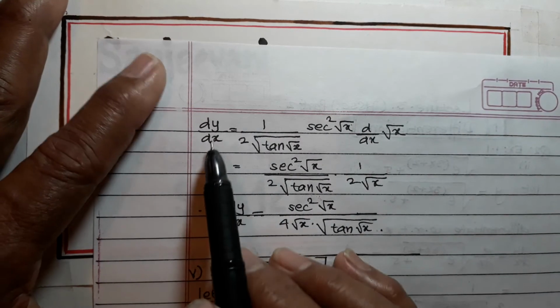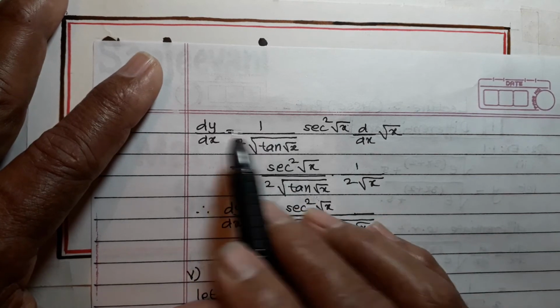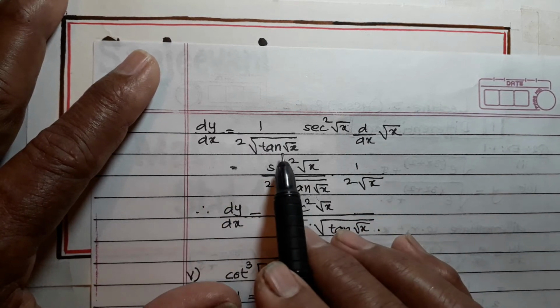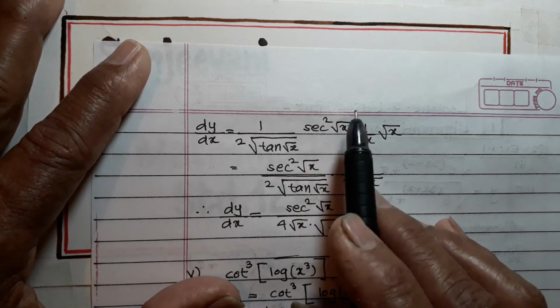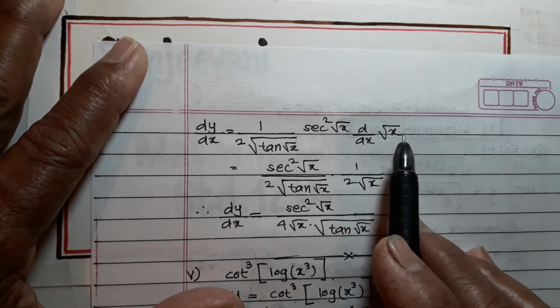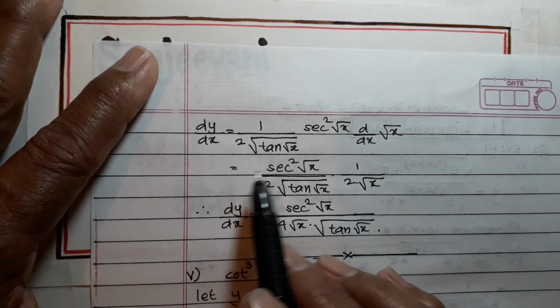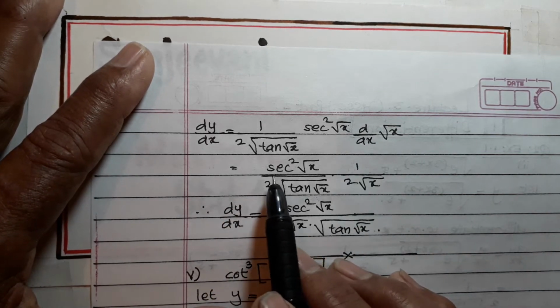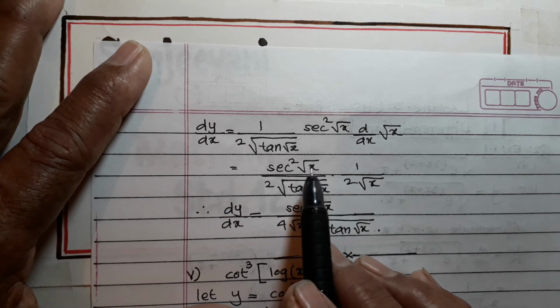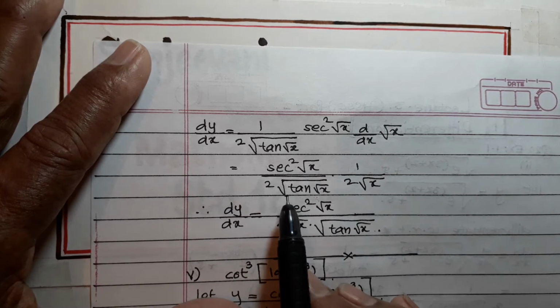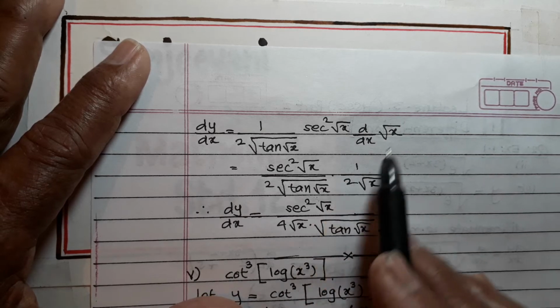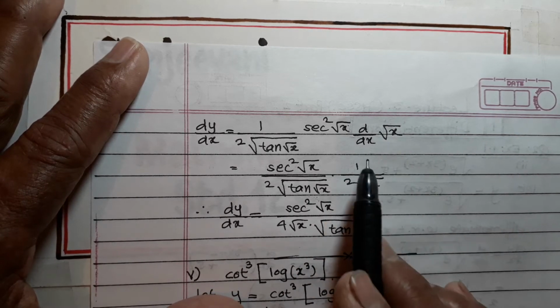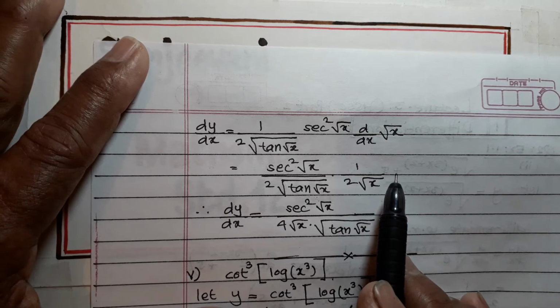And therefore dy/dx is equal to 1 upon 2 root tan root x, sec square root x, and derivative of root x. So it is equal to sec square root x upon 2 root tan root x into derivative of this, which is equal to 1 upon 2 root x.